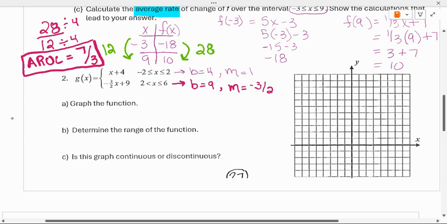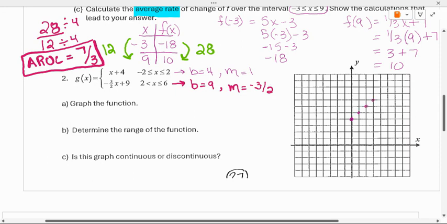So the first thing that I'm going to do is I'm going to graph those two equations, and then we'll worry about the domain. So for example, for the first function, g of x equals x plus 4, I begin at +4 on the y-axis, and I have a slope of 1, meaning I go up 1 and to the right 1, up 1 and to the right 1.